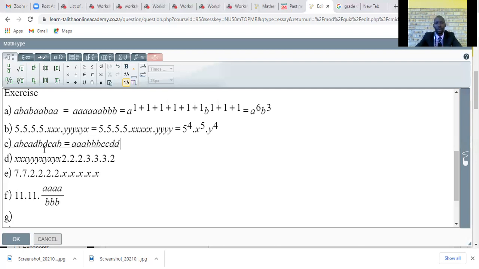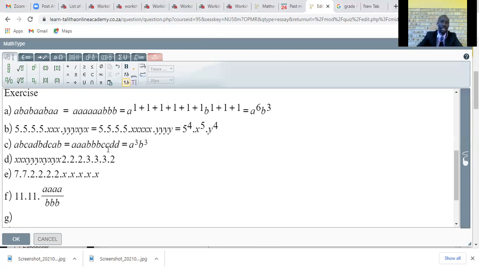Now that we are done with the grouping, the next step is to indicate the exponent. So how many A's are there? 1, 2, 3. So this is A with exponent of 3. Then the next is B. B, 1, 2, 3. So B with exponent of 3 right away. Then how many C's do we count? 1, 2. There are 2 C's.